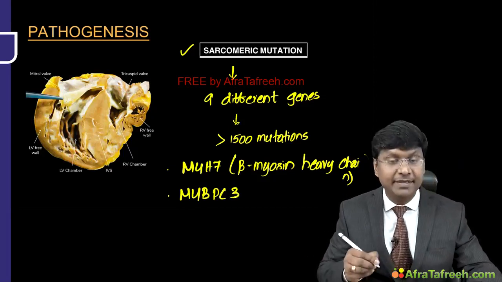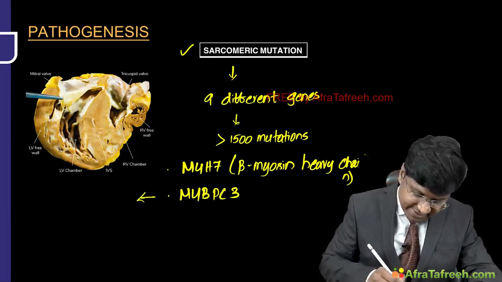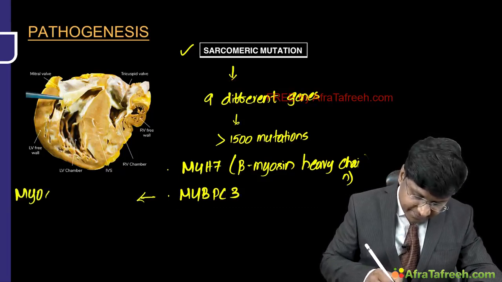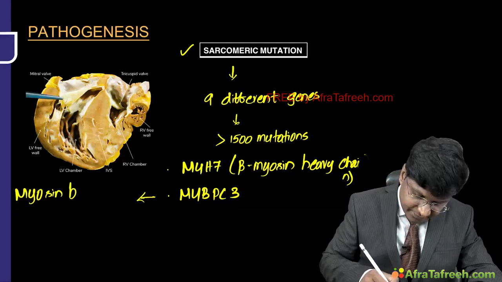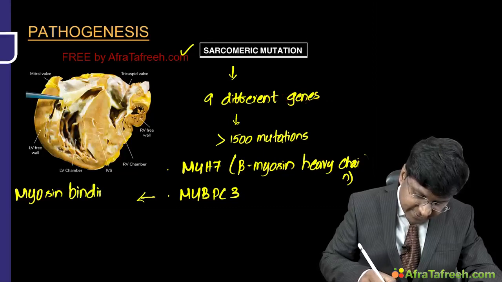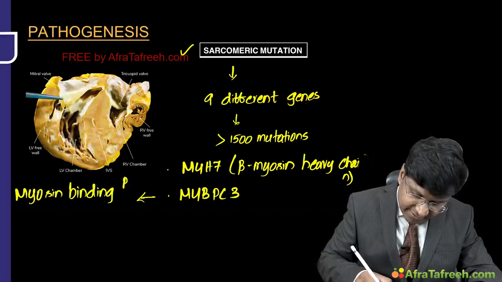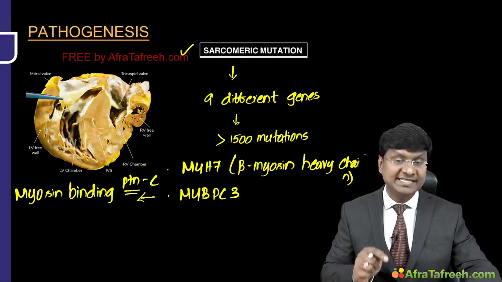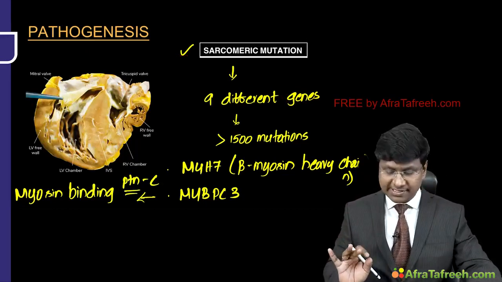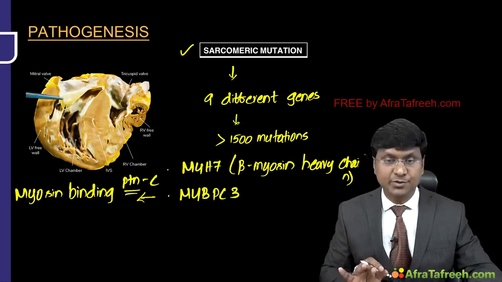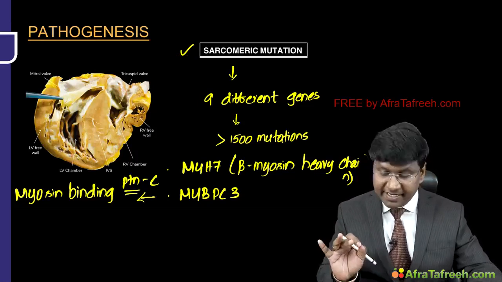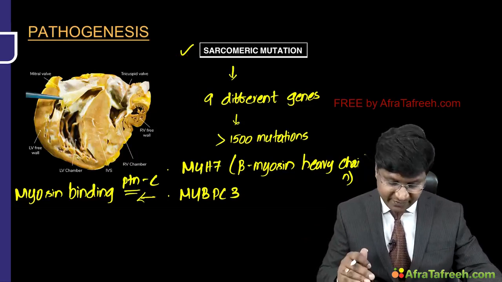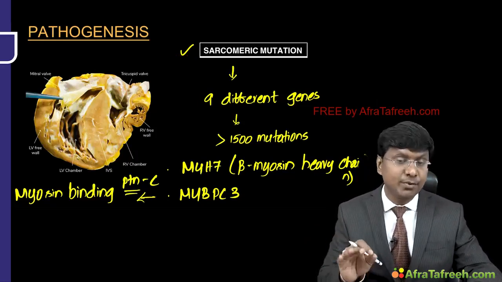MYBPC3 stands for myosin binding protein C. So that is another important gene which is being mutated, but most commonly it is beta myosin heavy chain, and subsequently myosin binding protein C.